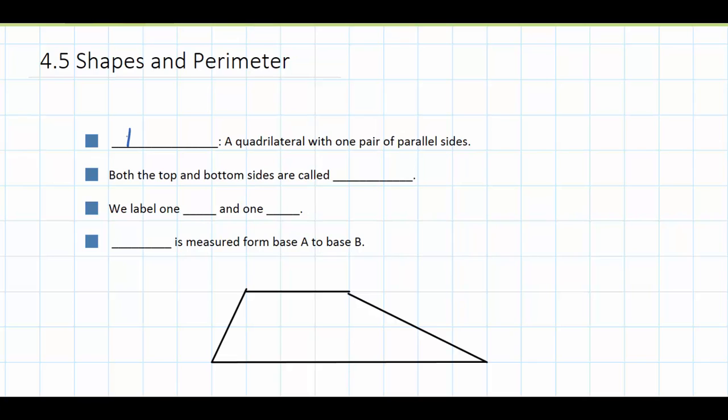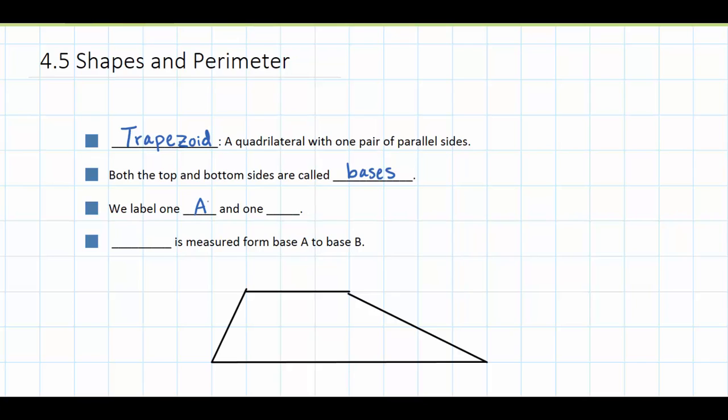Trapezoid. A trapezoid is a quadrilateral with one pair of parallel sides. Both the top and bottom sides are called bases.